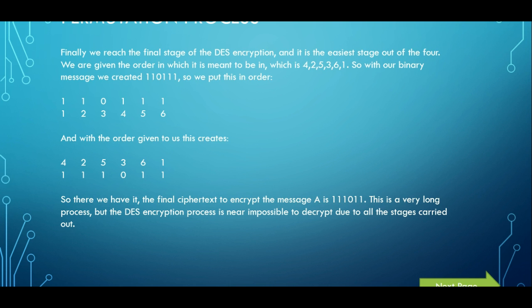And due to all these stages, this is practically impossible to decrypt because there are so many stages to get through. Data Encryption Standard is a very secure way to secure any messages. So it is highly recommended if you want to keep a message secure to use this method, but as you just saw, it is a very long method.